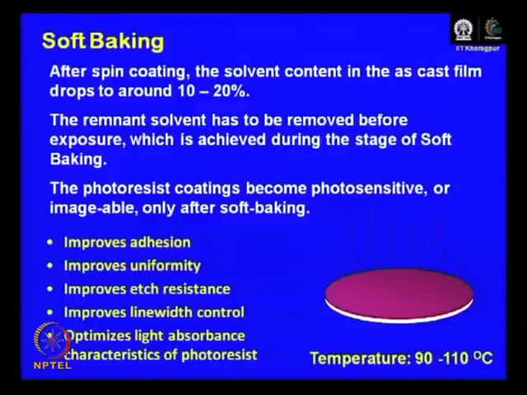The critical property enhancements achieved in soft baking are improved adhesion, improved uniformity, improved etch resistance, improved line width control, and optimized light absorption characteristics of the photoresist. In other words, it is at this stage that the photoresist coating becomes photosensitive and ready for exposure.